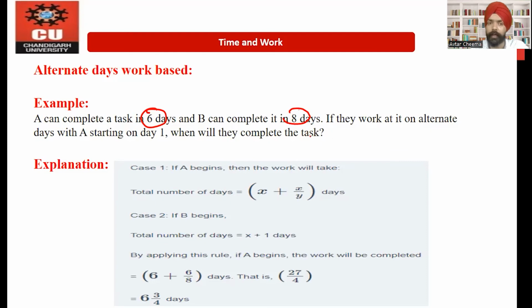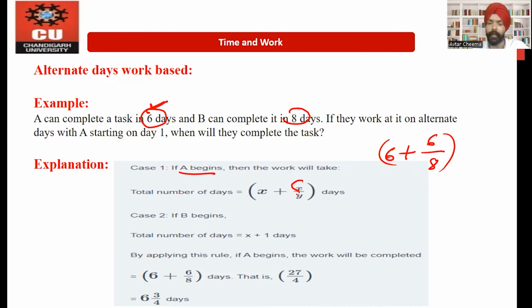If A starts, A is completing the whole work in 6 days. So first I write 6 plus, then the number of days taken by the first one, that is 6, divided by the other person. So if A begins, the total number of days will be X plus X upon Y.